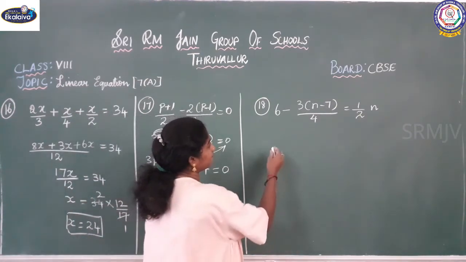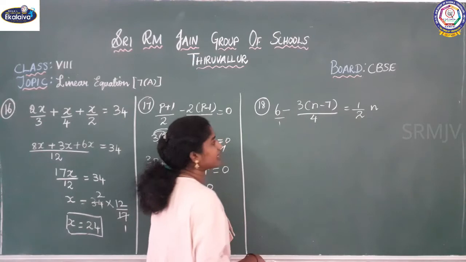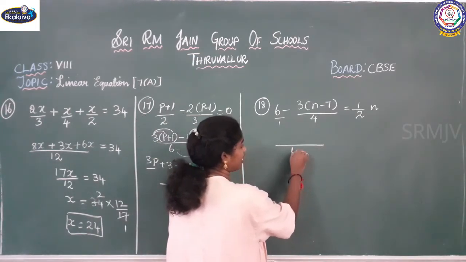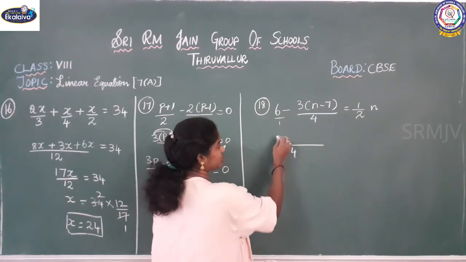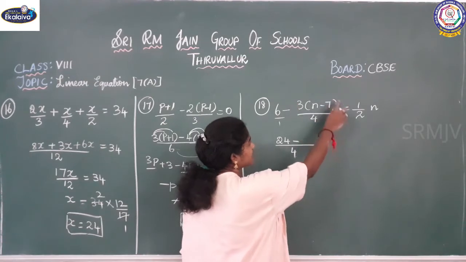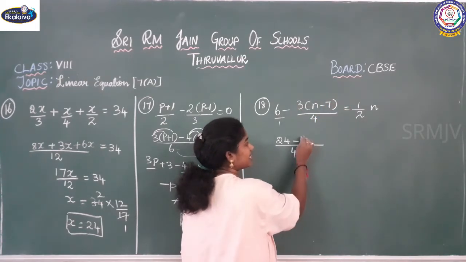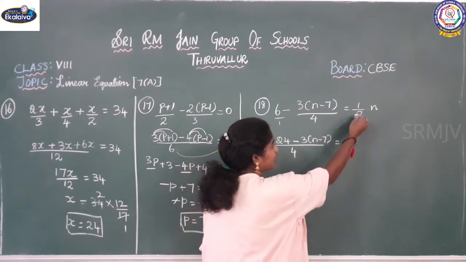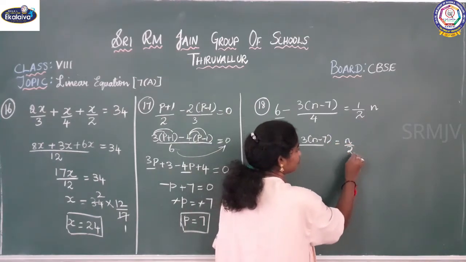Yes, listen. Here consider the denominator as 1, and when you take LCM anyway you will get 4 only, right? So 1 into 4, so 6 4s are 24 minus 4 into 1 as it is. This into 1 we will get the same. 3 into n minus 7 is equal to 1 into n is n by 2.